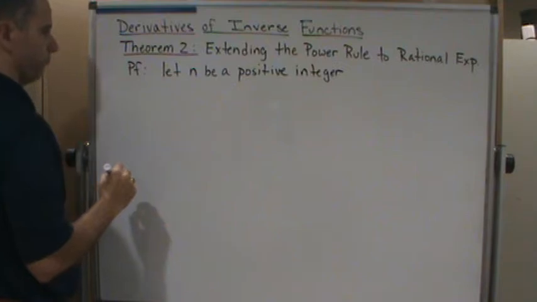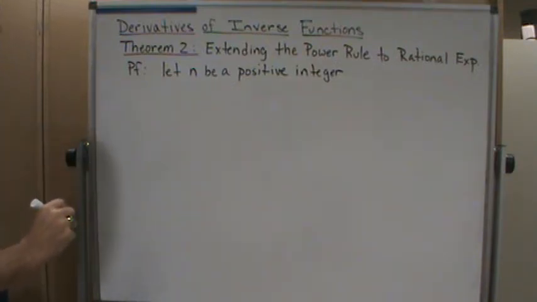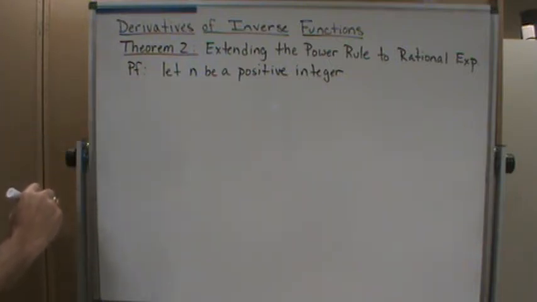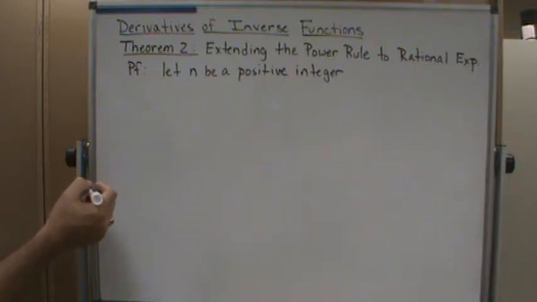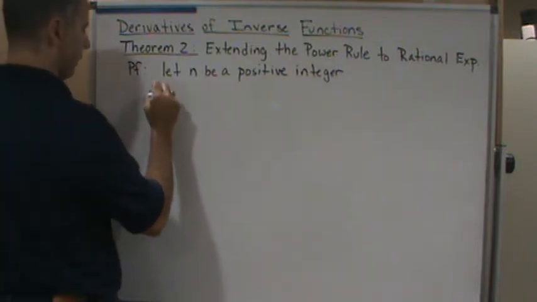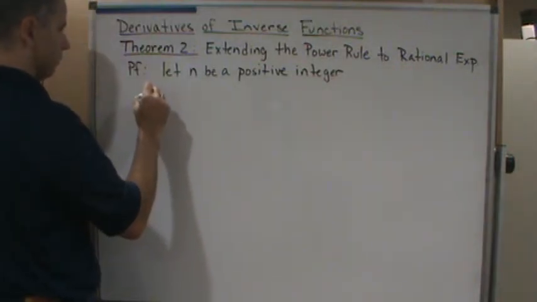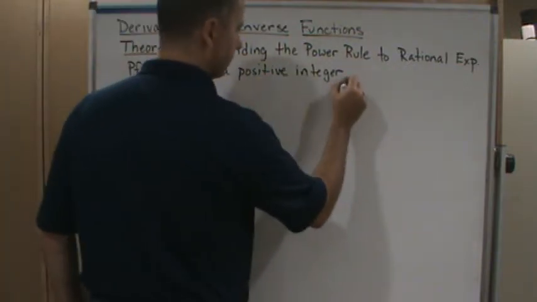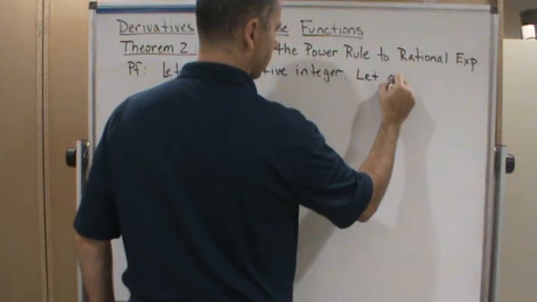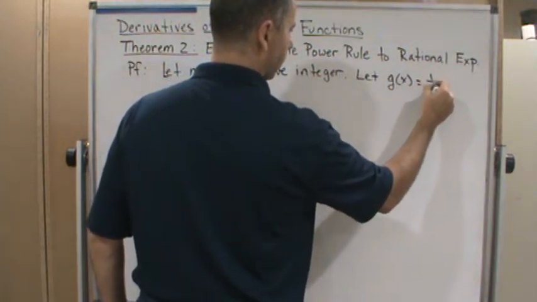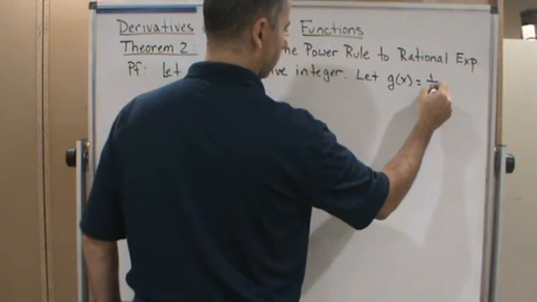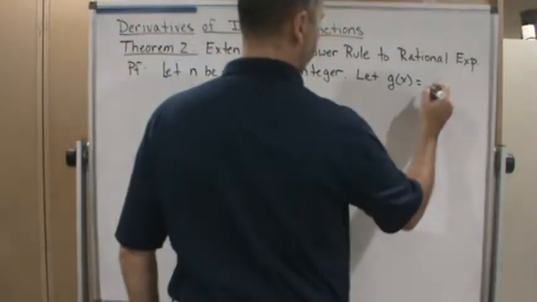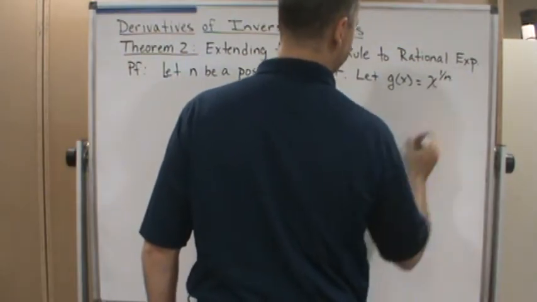Let's start by taking the function g of x equals x to the 1 over n power.